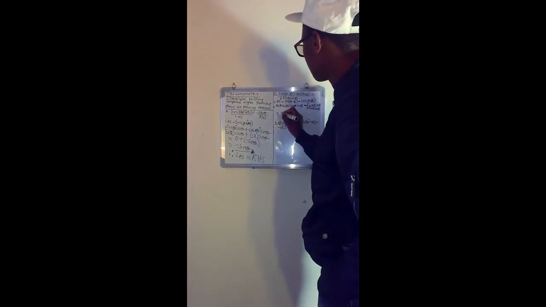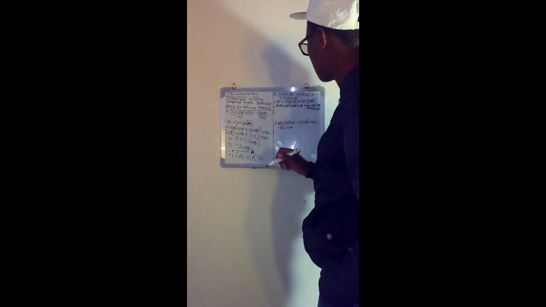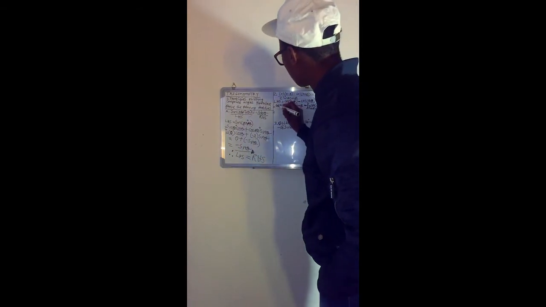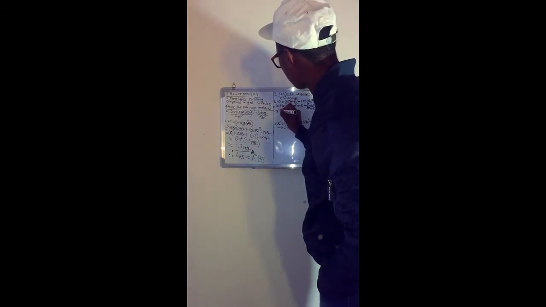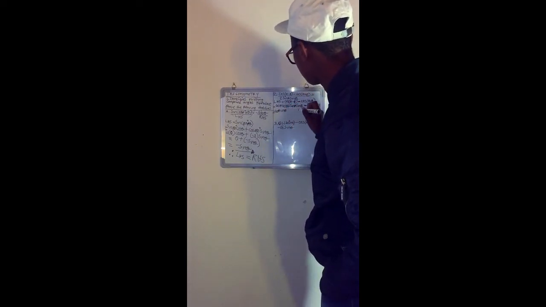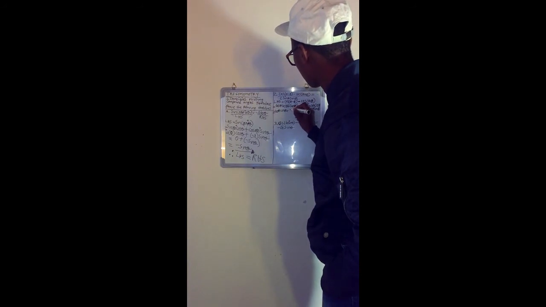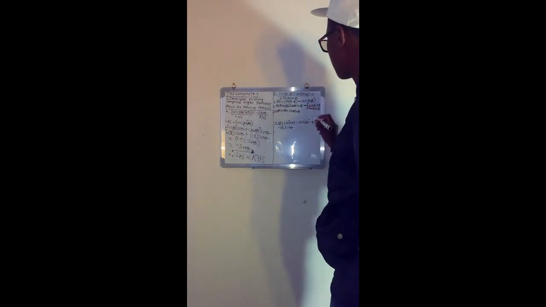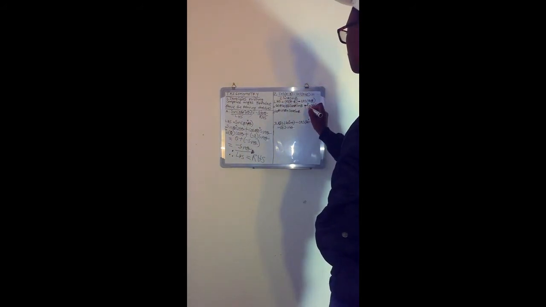So and then after that, continue to solve. So this one is cos A cos B plus sin A sin B, and then I'm going to multiply by negative so that I can remove this square bracket.